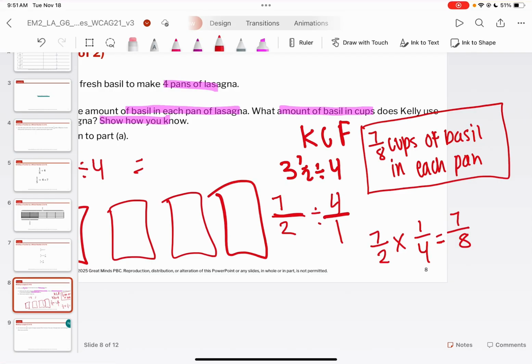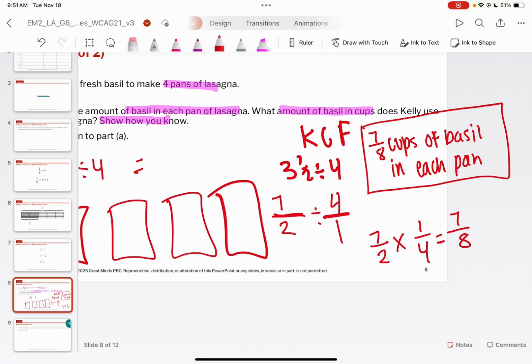All right. B says to check your solution. So I want you to think about this question. How can you use multiplication to check your answer? That's the great thing about math is we can check our work. So you're thinking to yourself, how are you going to use multiplication to check your answer?